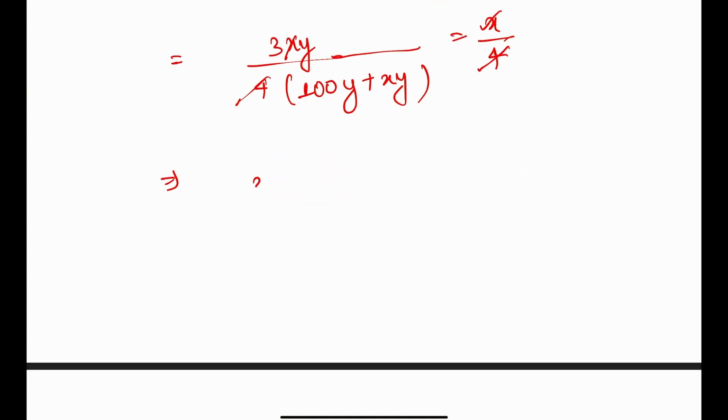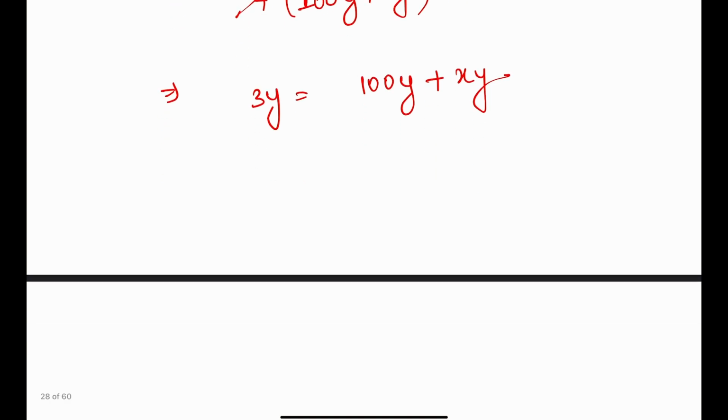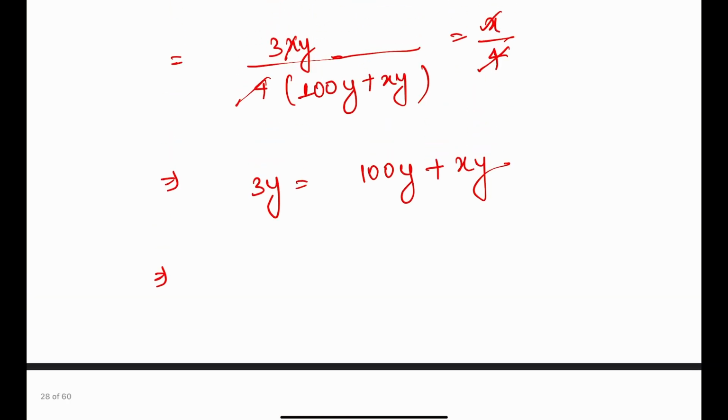Eventually my equation will look like 3y equal to 100y plus xy. So after this, y will cancel away. But wait, 3y equal to 100y plus xy.